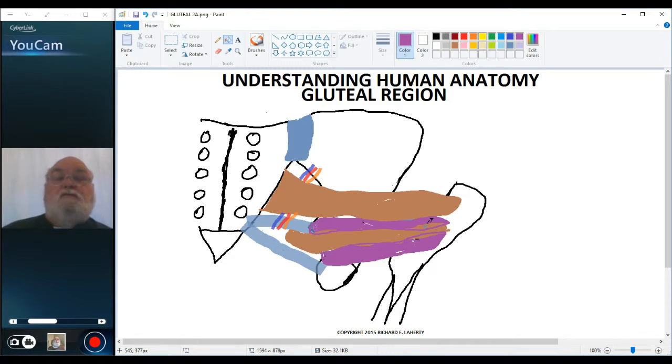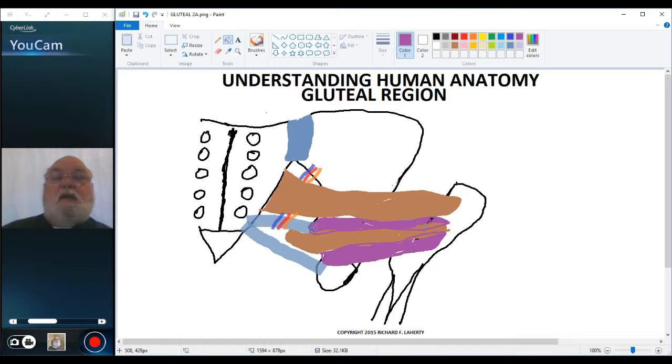So we have superior gemellus, obturator internus, inferior gemellus. And they really function pretty much as one muscle, all coming over to insert on the greater trochanter of the femur.